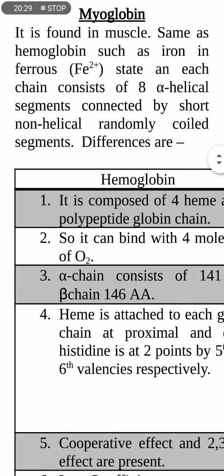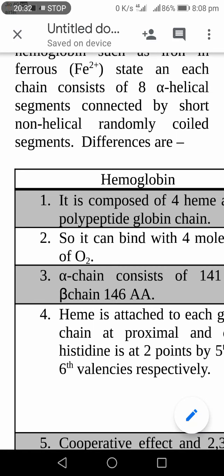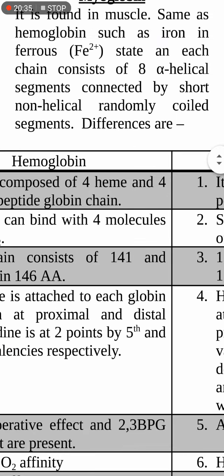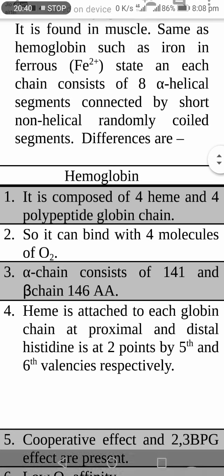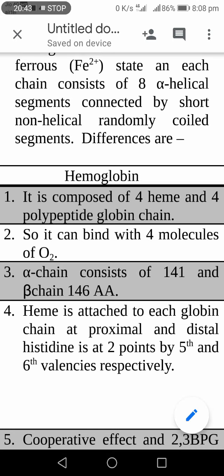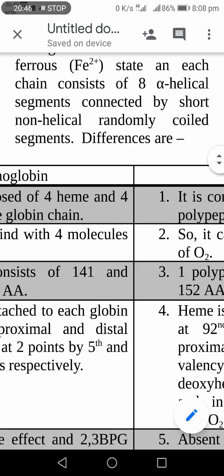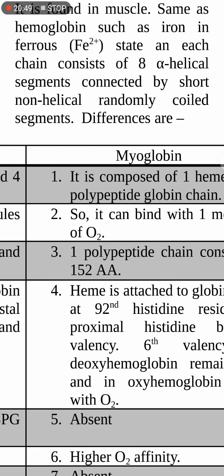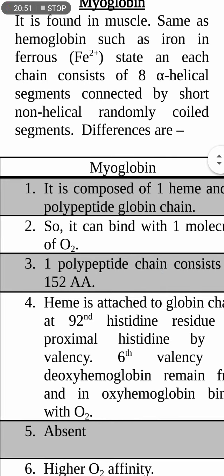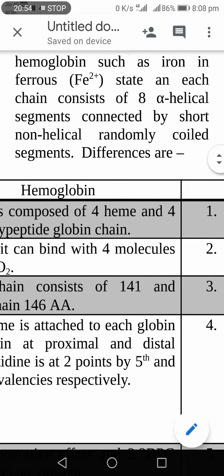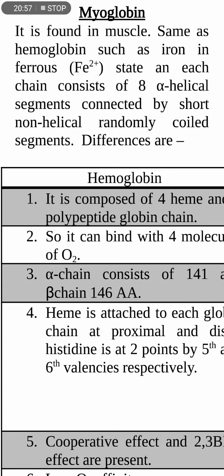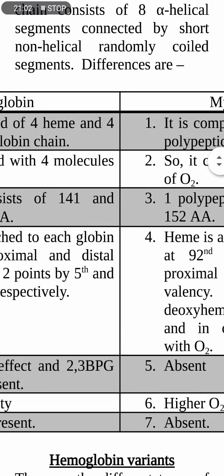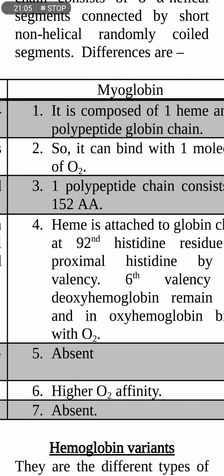What are the differences will be discussed. The first point is that hemoglobin is composed of 4 heme and 4 polypeptide chains. Myoglobin is composed of 1 heme and 1 polypeptide chain. So in hemoglobin 4 molecules of oxygen can bind, but in myoglobin 1 molecule of oxygen binds with 1 molecule of myoglobin.